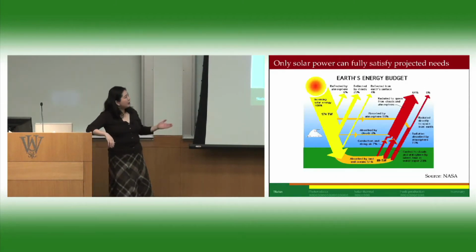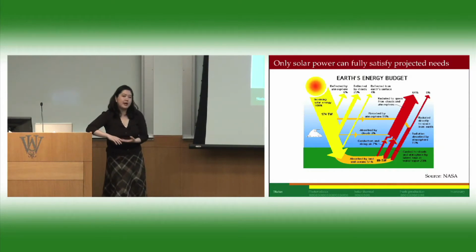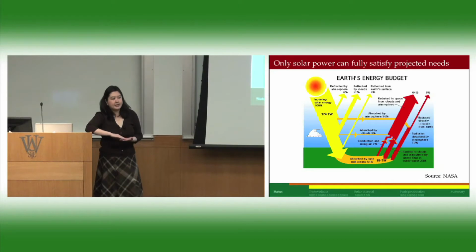I would argue that only solar power has the potential to actually satisfy our global energy needs. Currently it makes up just part of a portfolio of energy uses, but it's fascinating to think about the prospects of solar energy. 174 terawatts of radiation reach the Earth.